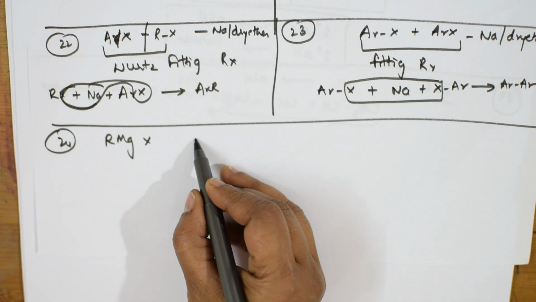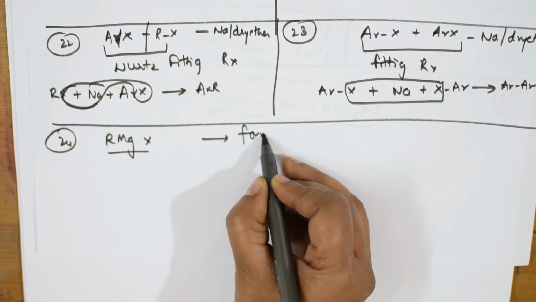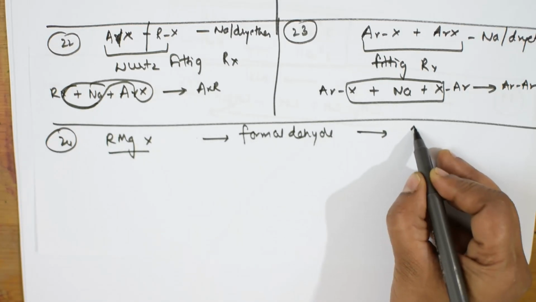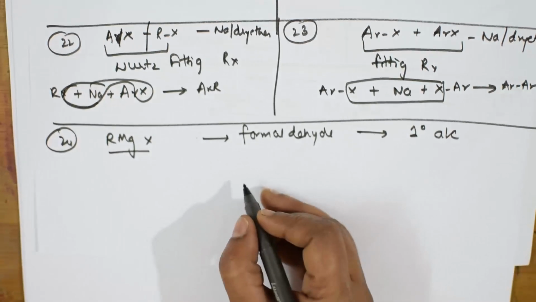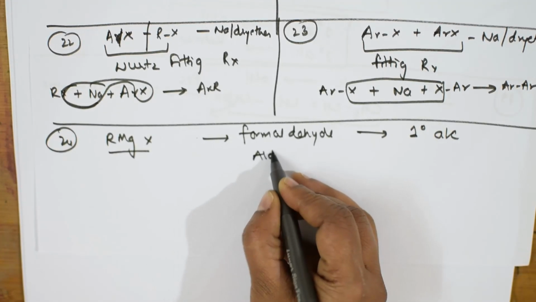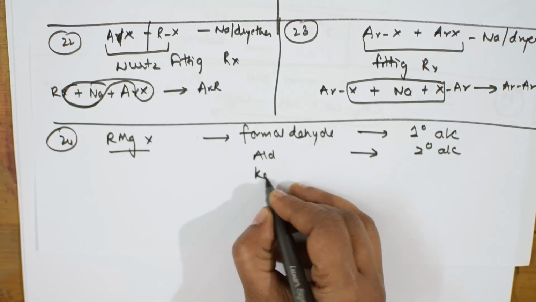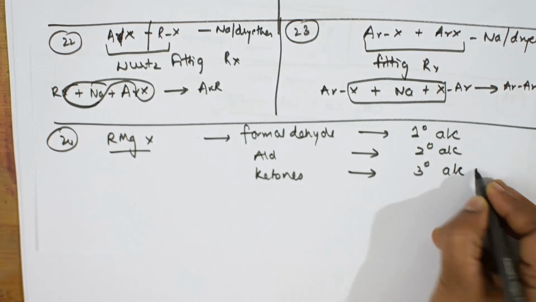Remember, if you see RMgX, first important thing is formaldehyde undergoes addition with RMgX and forms primary alcohols. Acetaldehyde forms secondary alcohols. Ketones form tertiary alcohols.